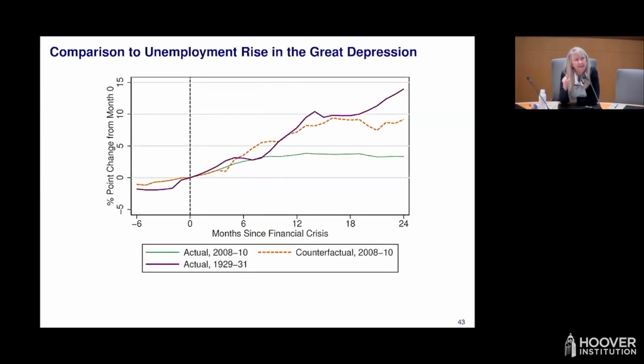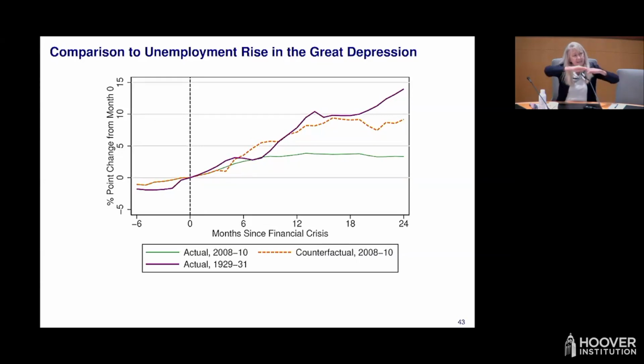So the green line is that same actual line, and this shows the change in the unemployment rate relative to that month, okay? So relative to that month, the actual unemployment rate, in 2009, 2010, rose to, I think it was like 4 percentage points, okay? Peaked at 10.